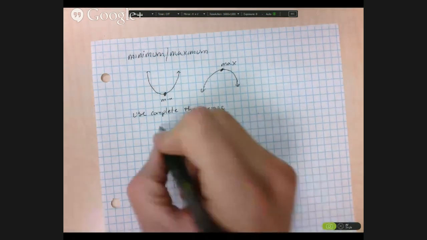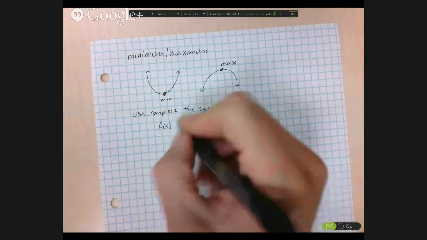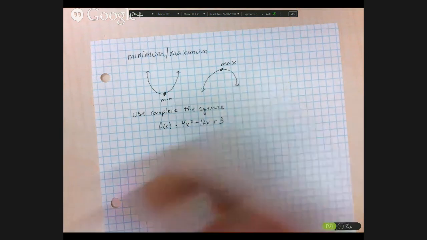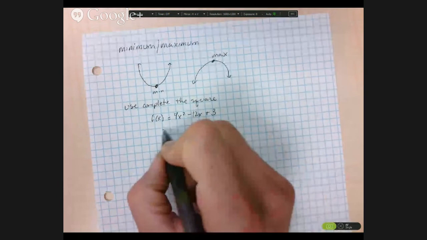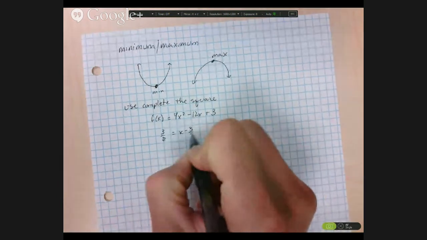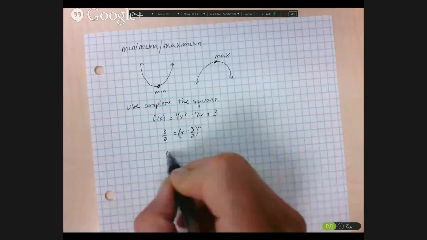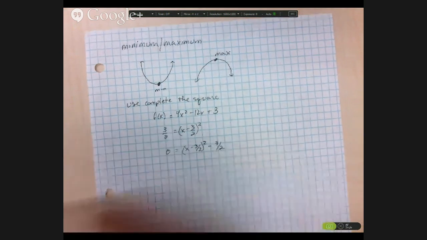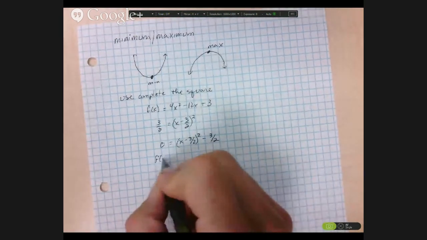I'm going to use the same one we used for the last example. When we completed the square, we found this. Okay. I'm going to move this back over and then make it a function.